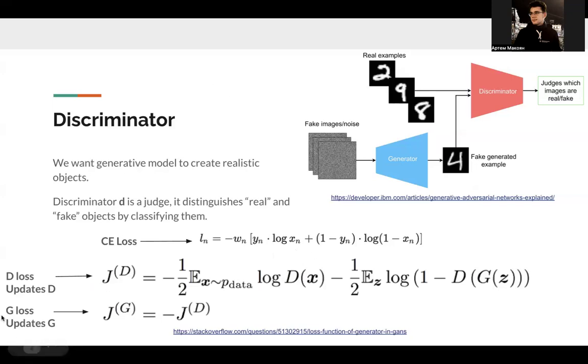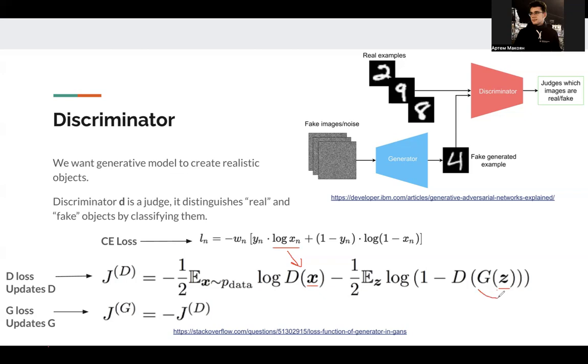And now what do we have? First, we want to create a loss for the discriminator. For module D, X is a sample from the real class from our data set. It's like in cross-entropy loss with positive Y, Y is 1. And here we have Z, a Gaussian noise.